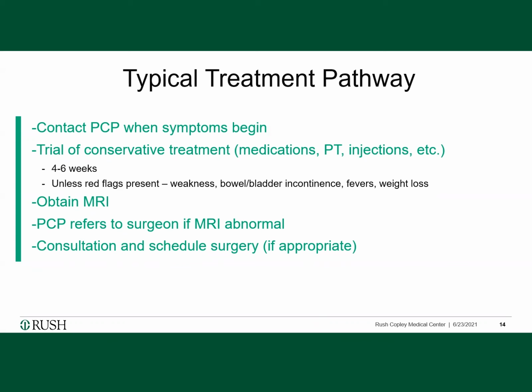And if the MRI is abnormal and there is a potential problem that could be fixed with surgery, then the primary care doctor will typically refer the patient to us. Then, of course, we do a consultation, examine the patient, review the imaging with them, and schedule surgery if it is necessary and appropriate.